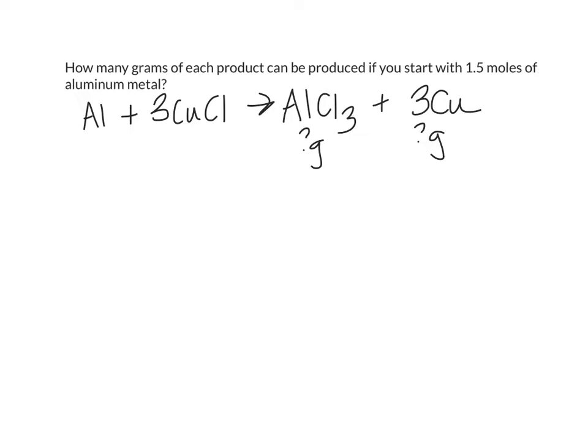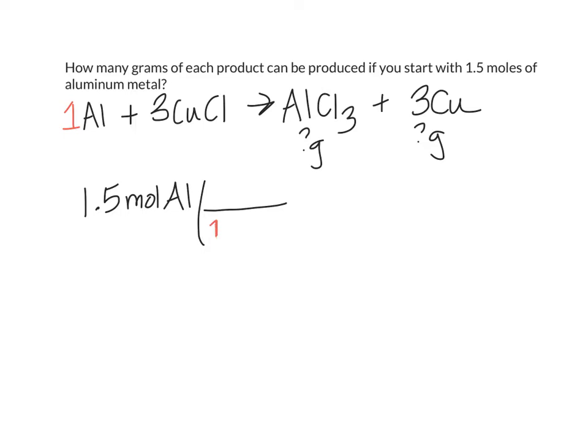You start off with the given information, which is the 1.5 moles of aluminum. To get rid of moles of aluminum, we have to use the mole ratio, which comes from the balanced chemical reaction. The coefficient of aluminum is the first that we'll use. So aluminum has a coefficient of an understood 1.